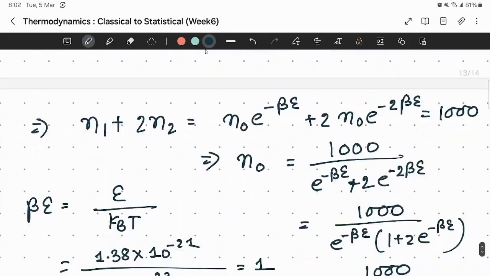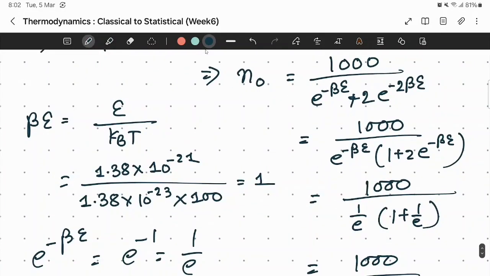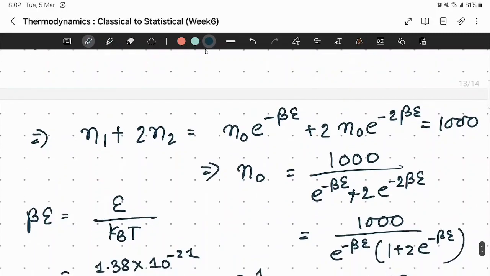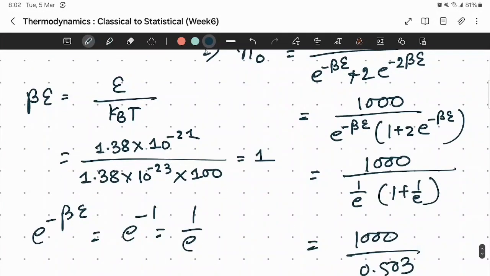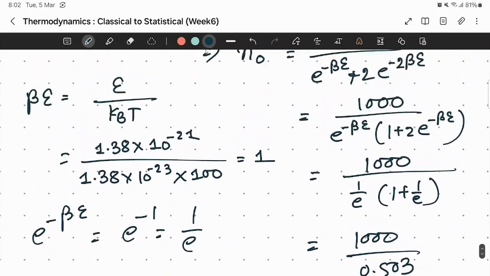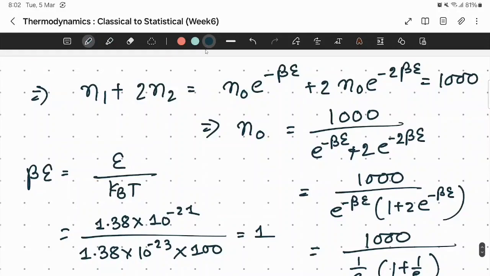I don't know, is there any mistake? Beta is correct. It's correct.